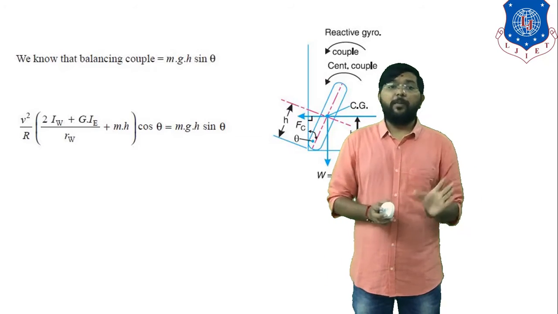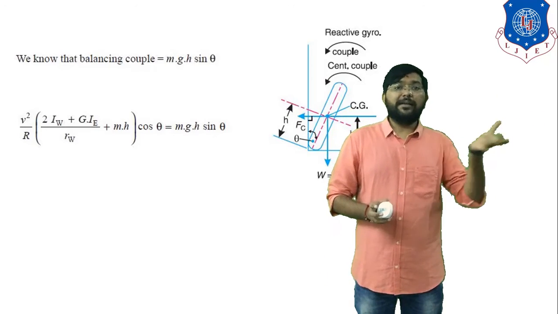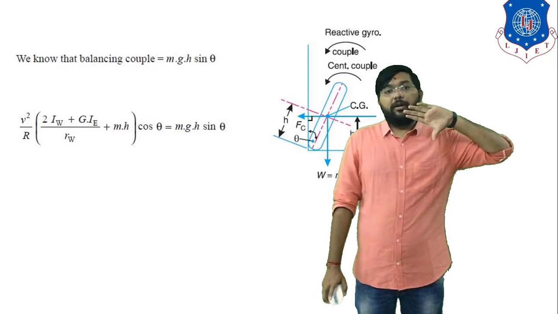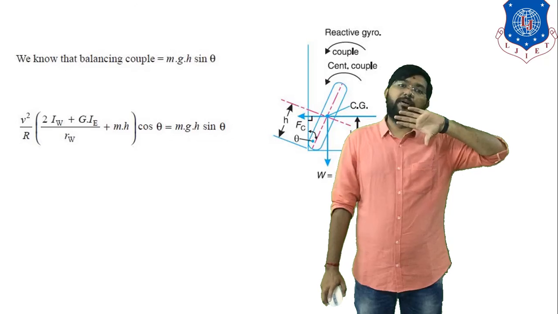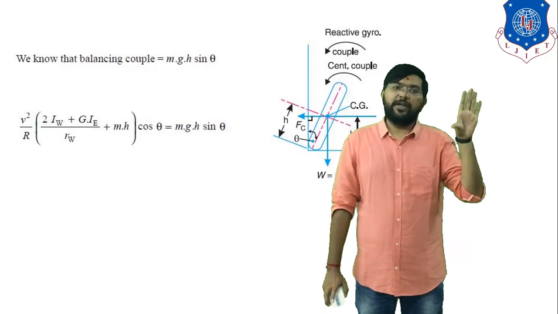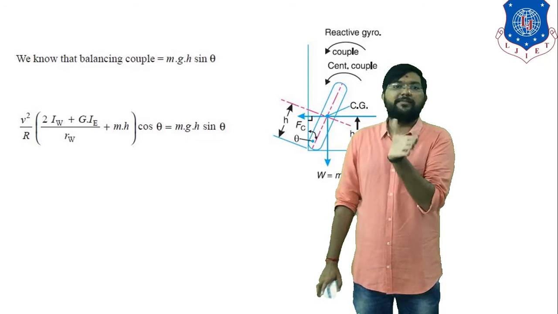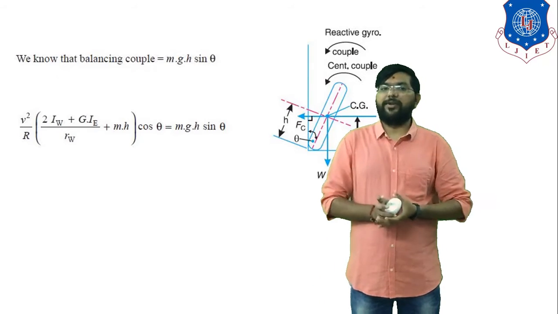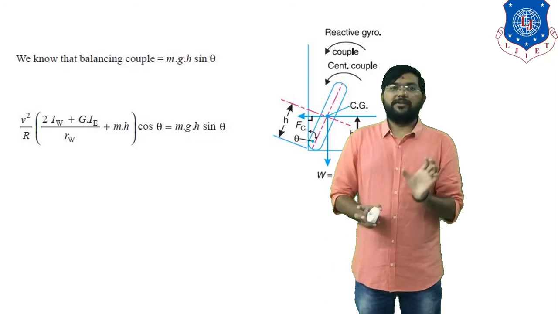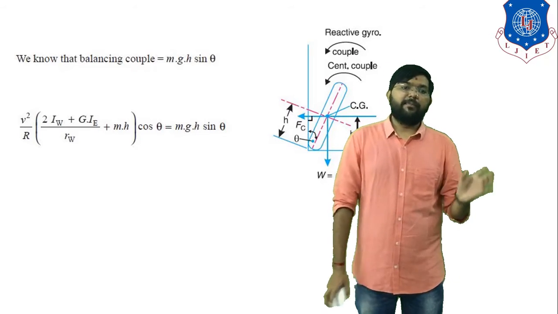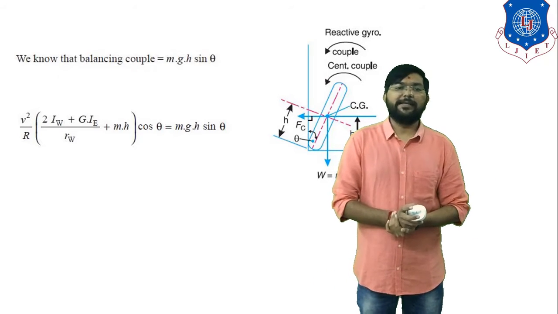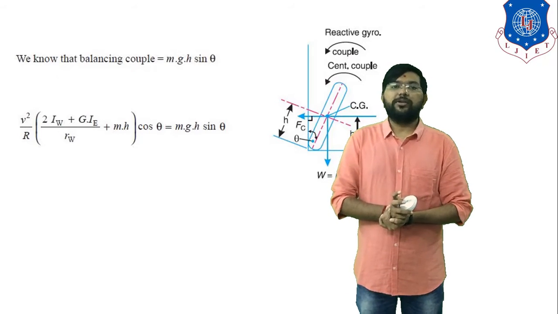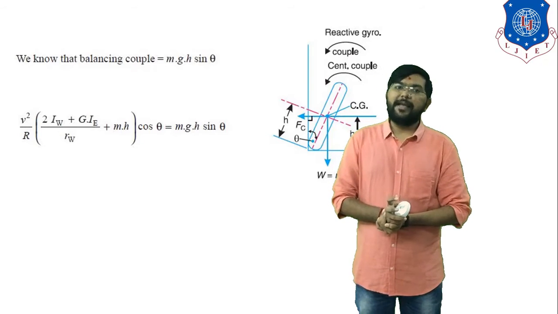So you have to compare: outward couple is equal to inward couple. The outward couple is the total couple because of centrifugal force and reactive gyroscopic couple, and the inward couple is because of the gravitational force. You have to compare these two equations: v square upon r in bracket 2 I w plus or minus G I E upon r w plus m into h, into cos theta, is equal to m g h sin theta.